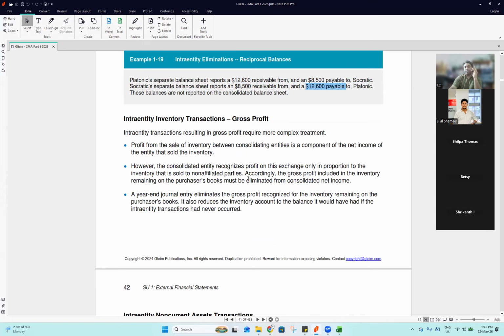Profit from the sale of inventory between consolidated entities is a component of the net income of the entity that sold the inventory. Clear? Now, for example, assume that at home there is a kid and a parent.